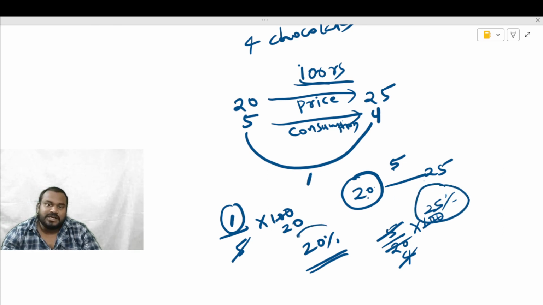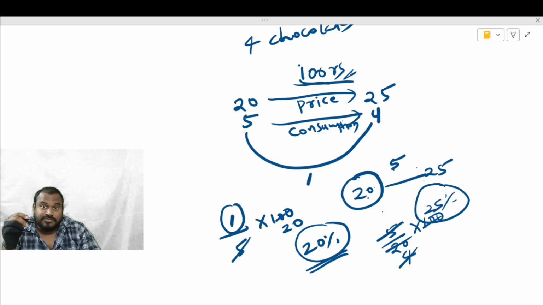Okay. Like this, for the same amount of budget, without changing the budget value, when the price increases, consumption will reduce. In the same way, when the price decreases, consumption will increase. When the price increases, he could not buy more chocolate, so he reduces his consumption.